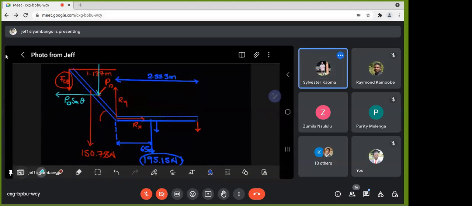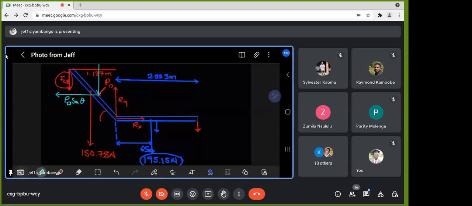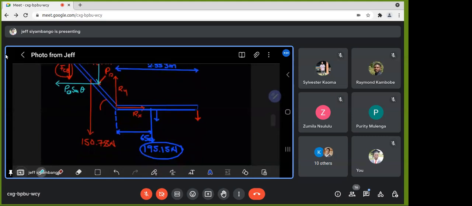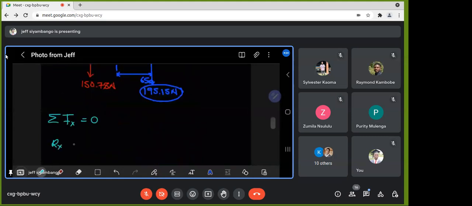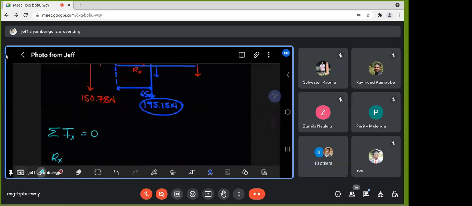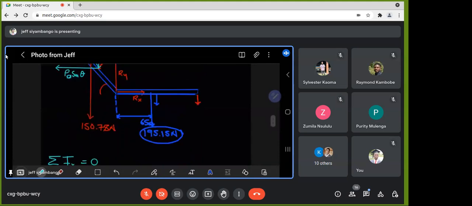One. No, it's not 1, it's 2. To the right as positive, we have Rx. To the left as negative, we have PD sine theta. Is it sine? Yes, sine theta. These are the only two, so this is equal to 0.